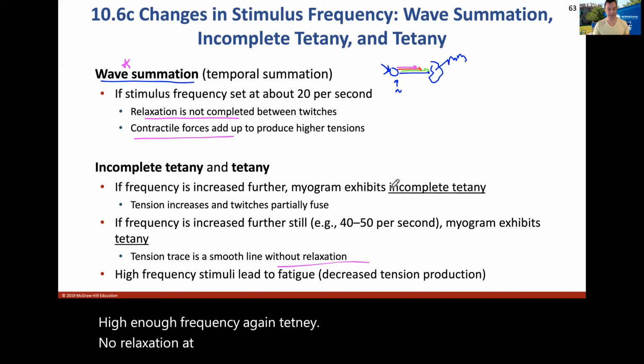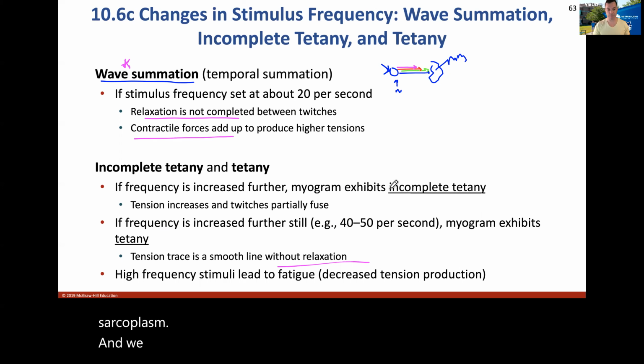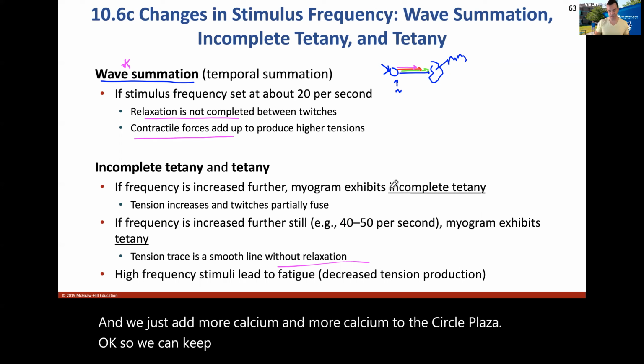Incomplete tetany has a little bit of relaxation, but not true relaxation. And again, calcium is able to stay in the sarcoplasm, and we just add more and more calcium to the sarcoplasm. So we can keep engaging muscle fibers, actin and myosin interacting with one another.